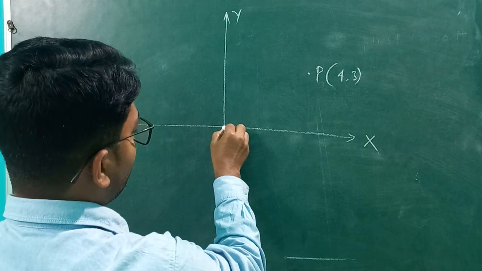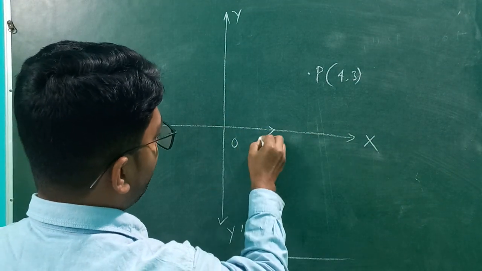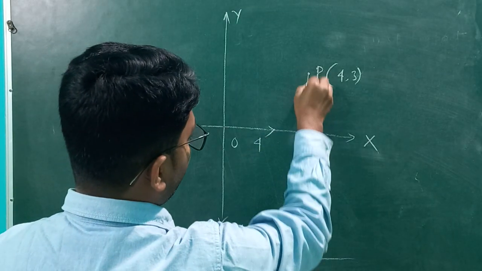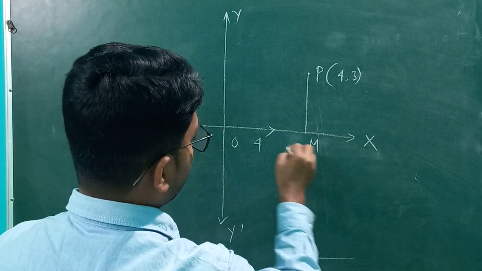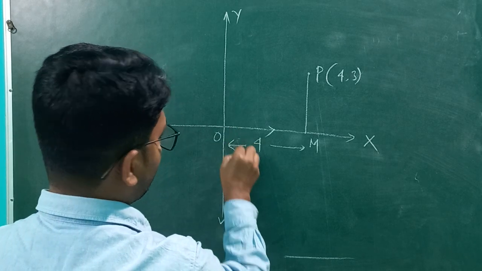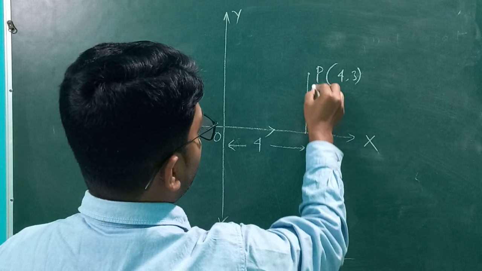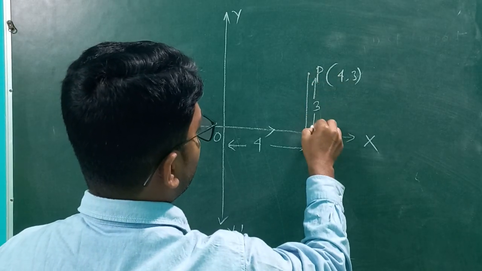We have to move from the origin and go along the x-axis 4 units. If we draw a perpendicular here, PM, this length should be 4, and then we move upward 3 units, this length is 3.